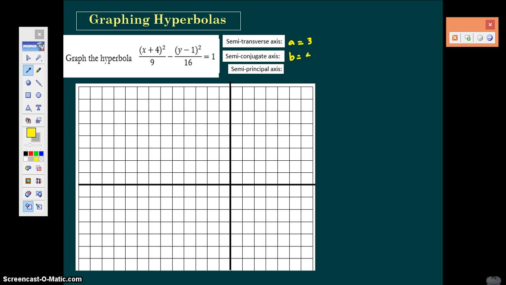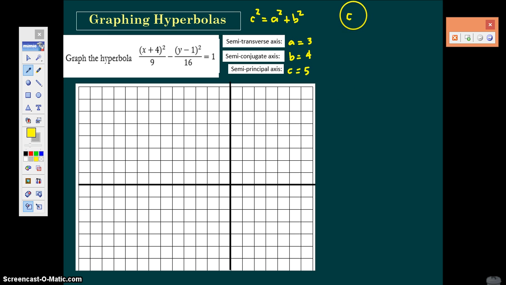So B is 4. Now, in a hyperbola, the relationship between the lengths C, A and B is C squared equals A squared plus B squared. In the ellipse, the relationship is A squared equals B squared plus C squared. In a hyperbola this time, C is the longest of the three lengths. So C would be 5.